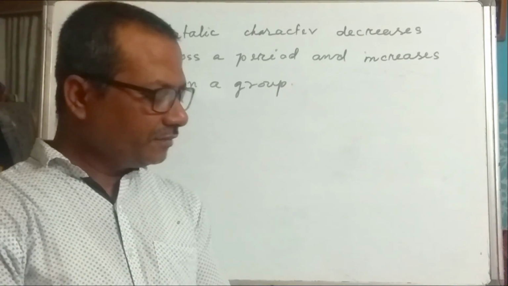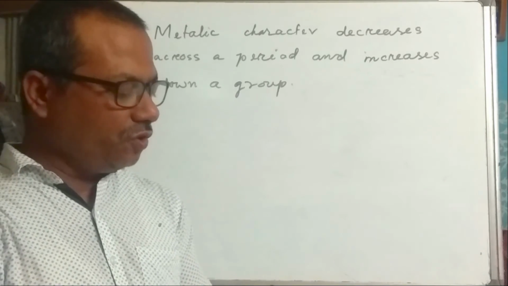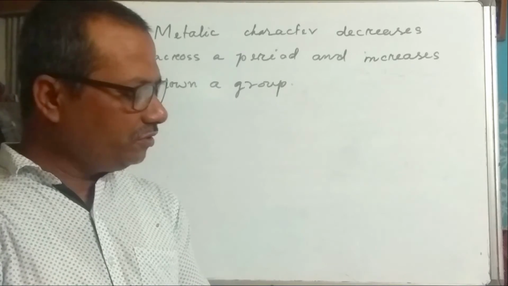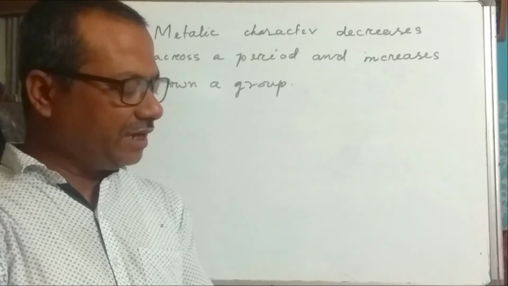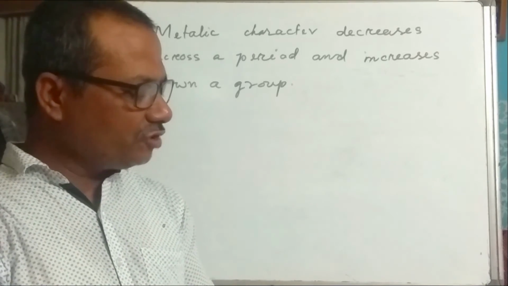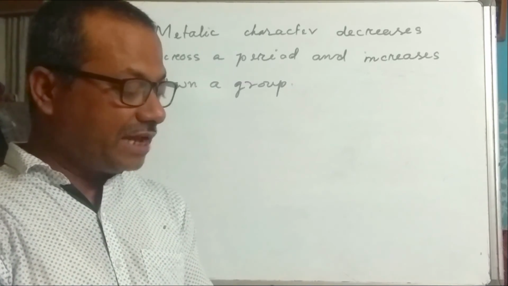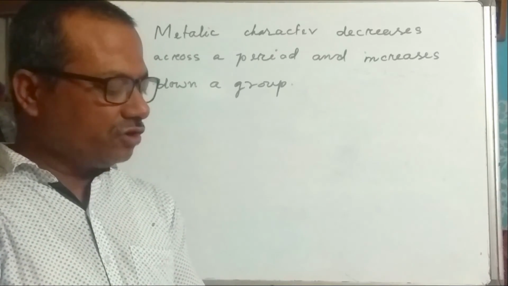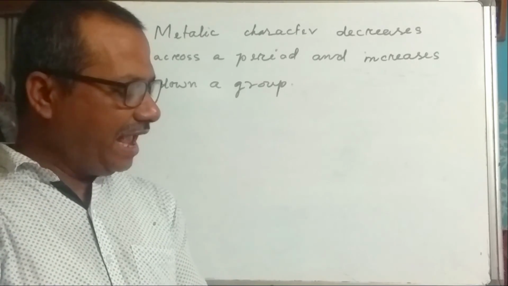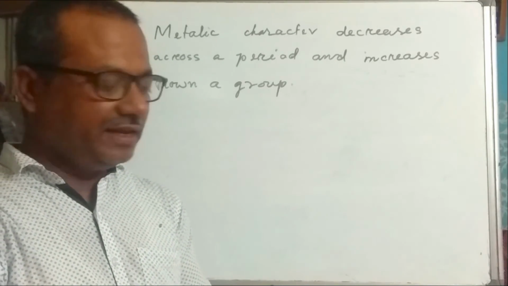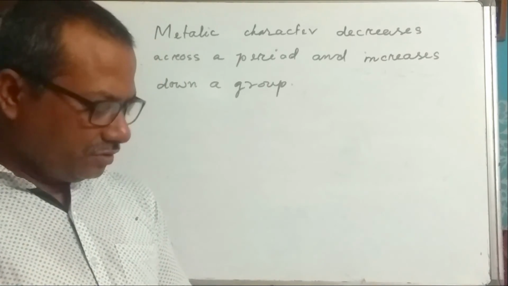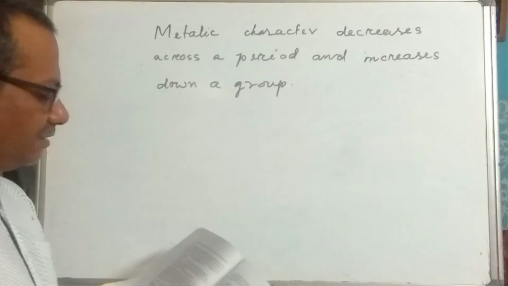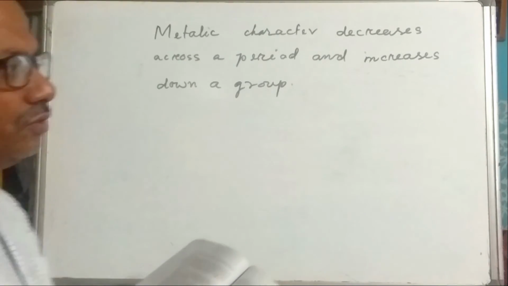As the trends in the electronegativity show, non-metals are found on the right hand side of the periodic table towards the top. These trends also help us to predict the nature of oxides formed by the elements, because it is known to you that the oxides of metals are basic and the non-metals are acidic in general. So these are the properties of the elements that change on a period and group.